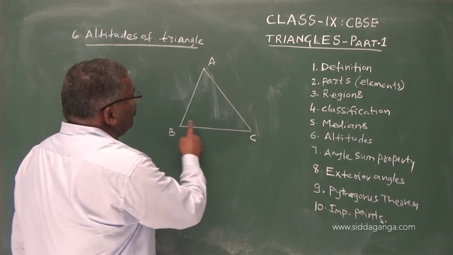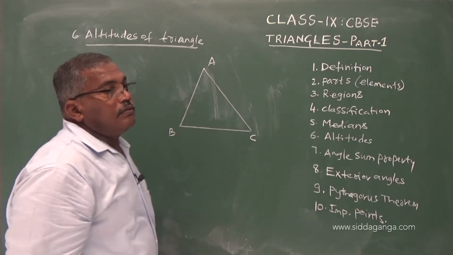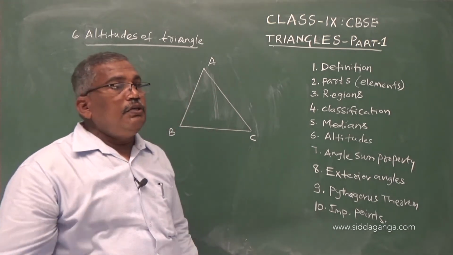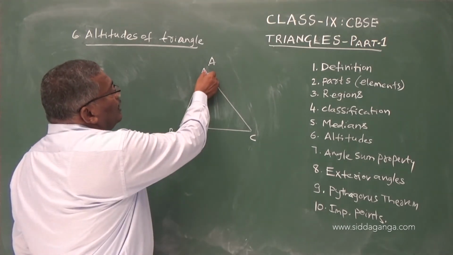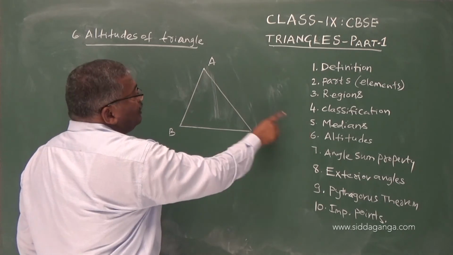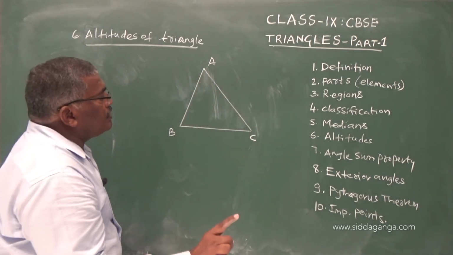From those two points, again cut crosses, and you will get it. I will explain that with the instruments in the next class, how to draw the altitude or perpendicular from the vertex. For the time being, you understand this.